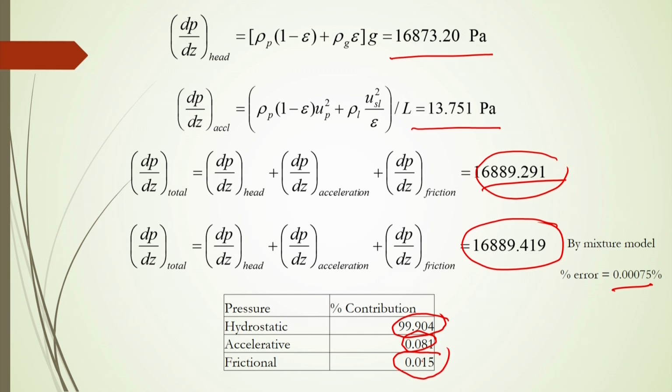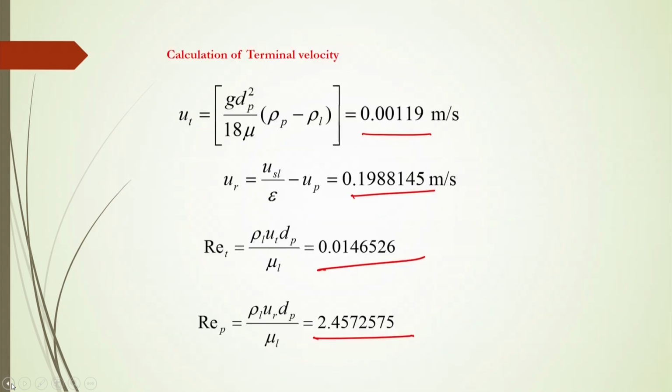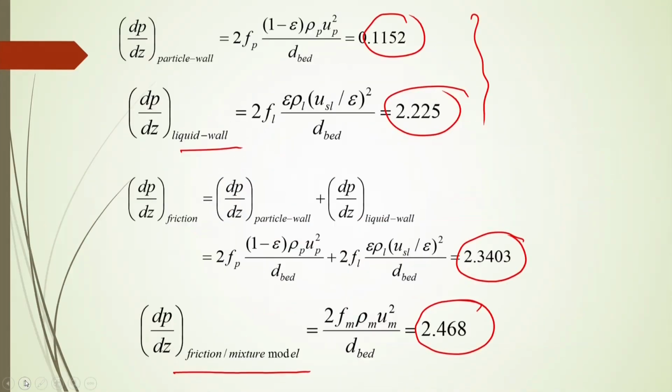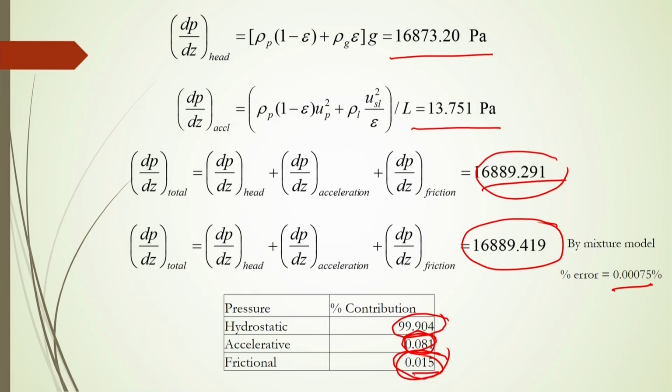If you increase the density of the fluid, of course, the frictional part will be higher, and the accelerative part will be higher also in this case relative to the gas. Let us see the frictional pressure drop contribution as earlier: this contribution is 0.048, whereas for liquid 0.01. So, it is less in the case of liquid, whereas in the case of gas it is higher.